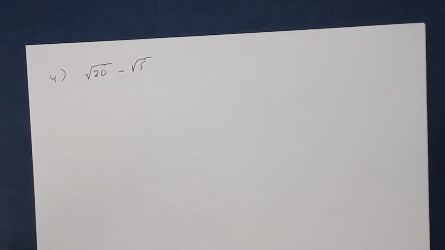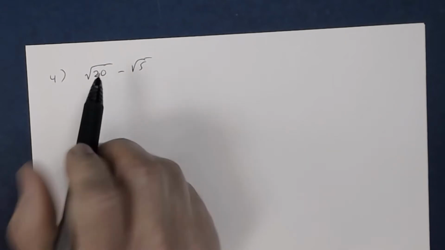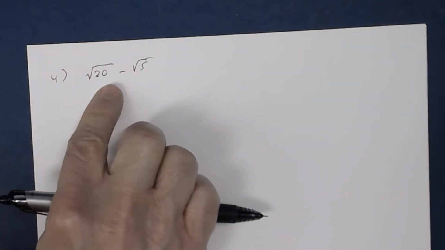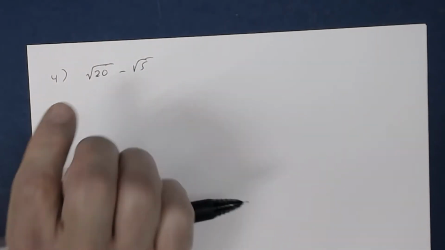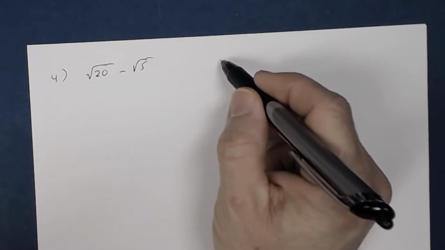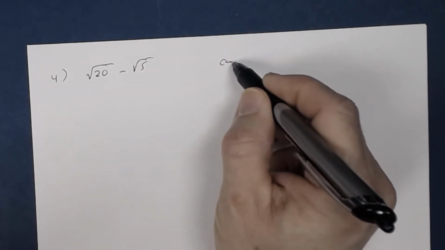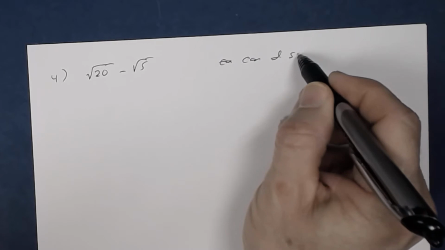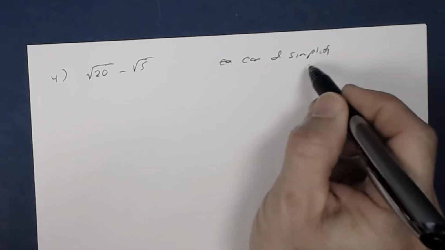That's where you're going to have to start thinking about problems you had in a previous lesson. Square root of 20. Now you may say, well, those are not like terms. Yeah, that's true. But the first thing you have to do is ask yourself, can I simplify the radicals?